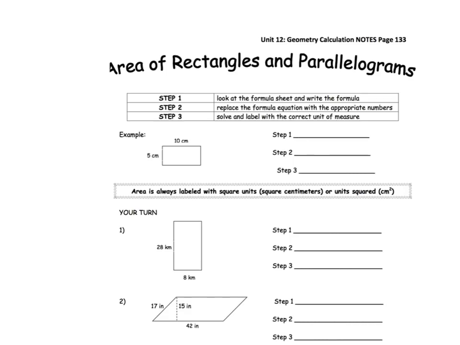You have a 10 by 5 centimeter rectangle, and you want to find the area. Step 1, look at your formula sheet. What is the formula for area of a rectangle? A equals length times width. Step 2, replace the formula equation with the appropriate numbers.